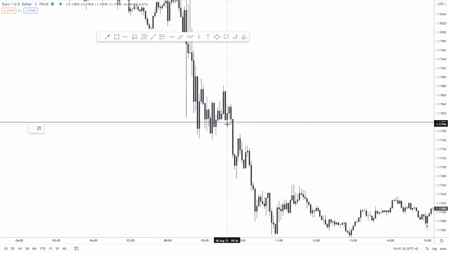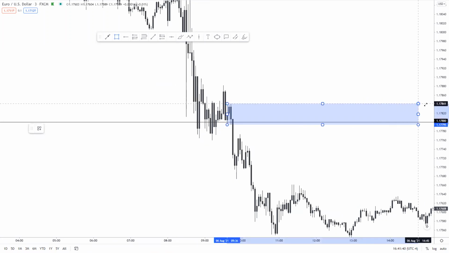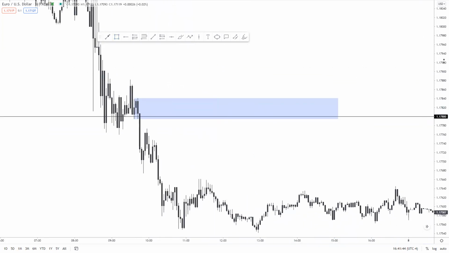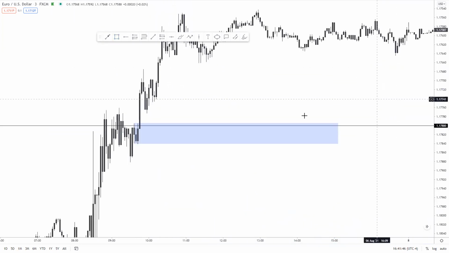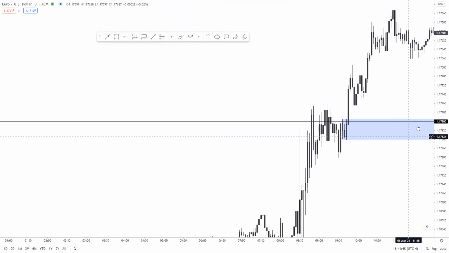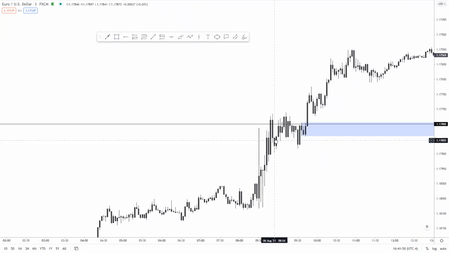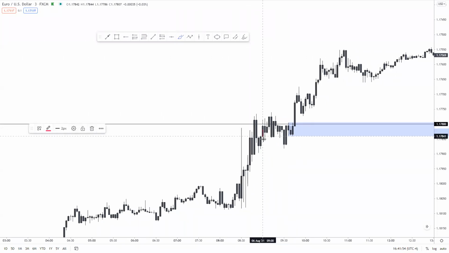And here's your last up move before the down move. So that's supply. I'm going to invert it so it looks like demand, and you'll see what I'm saying. Now this looks like demand, right? Lows, consolidate, manipulate, BOS. You can tell it's a strong region of demand because of the imbalance.